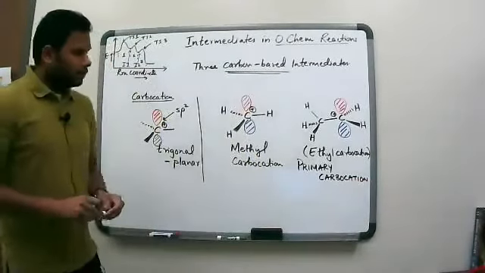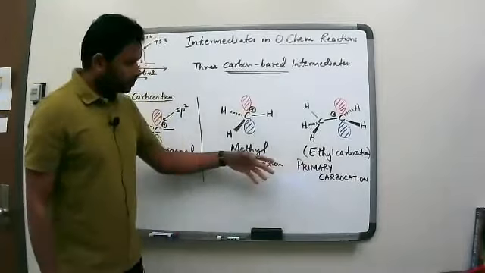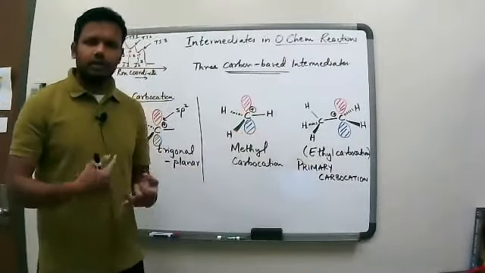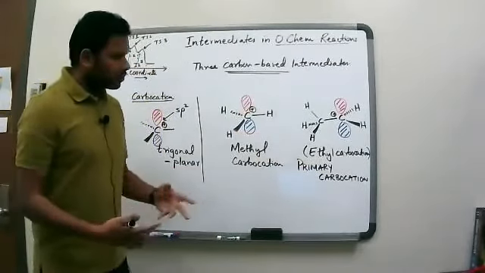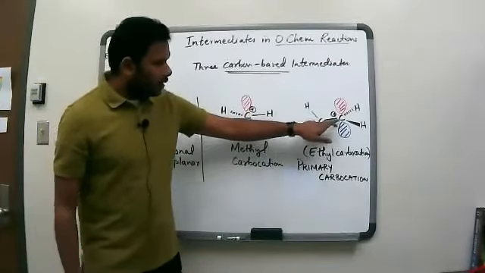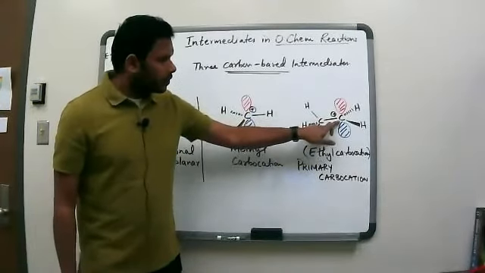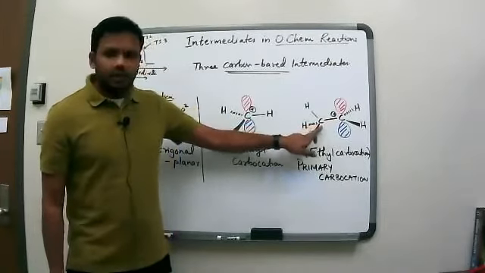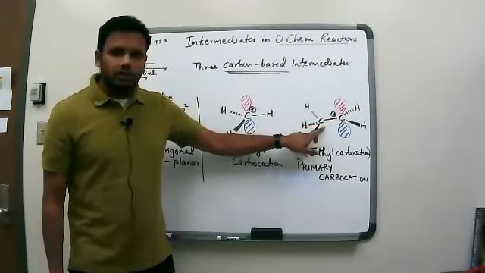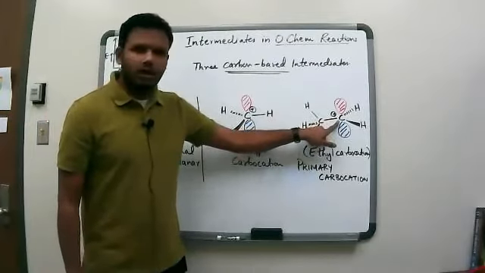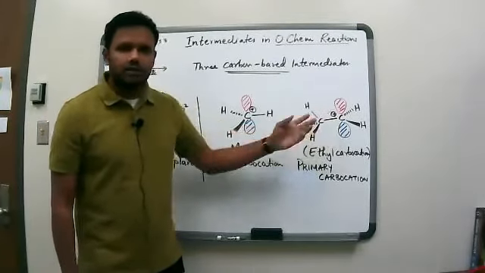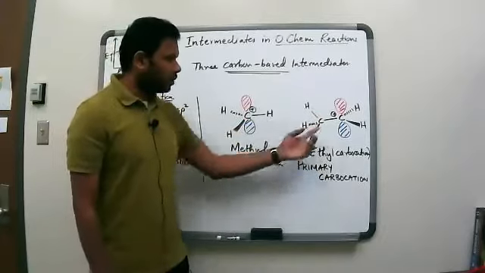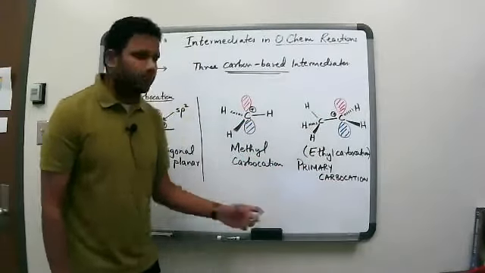Now, we already went through the discussions of what primary carbons, secondary carbons, and tertiary carbons are. So when you look at that carbocationic carbon, or the carbon that is positively charged, what we notice is that it's connected to one other carbon containing group. So this is a primary carbon. So it's a carbocation that's derived from a primary carbon. So that's why we're calling it a primary carbocation.